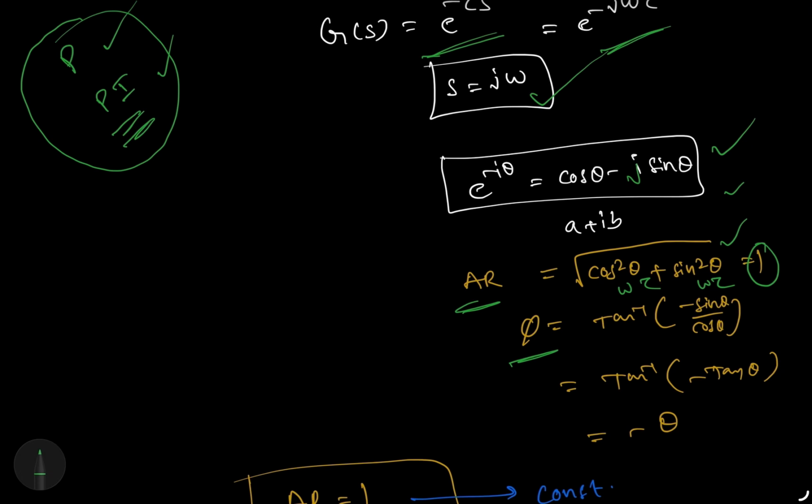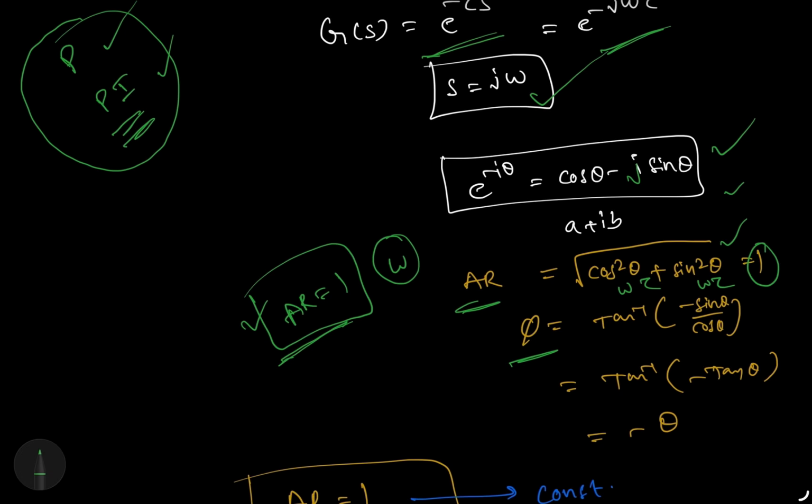Because cos square theta plus sin square theta equals 1. The important conclusion is that the amplitude ratio of the transportation lag is always equal to 1. Okay, this is very important. It does not depend on the frequency omega.